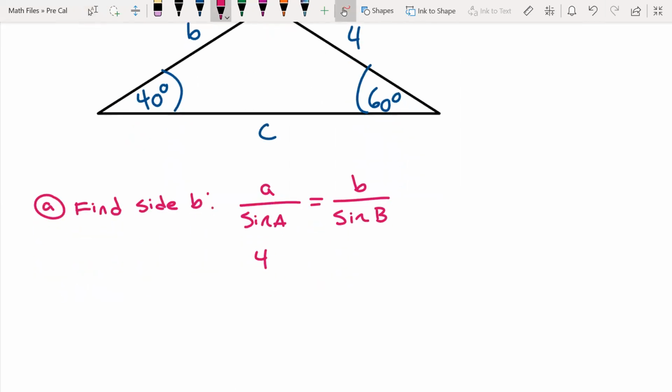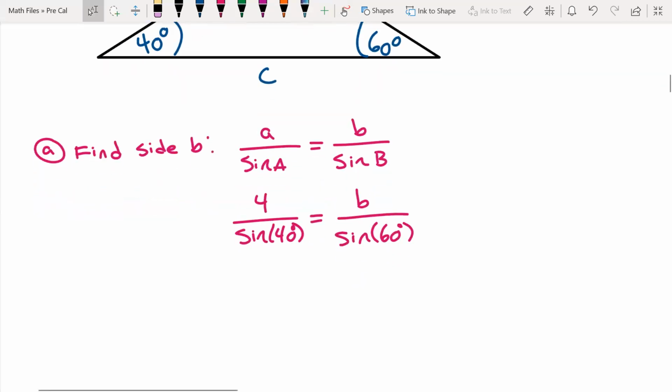Side A is 4, sine of angle A, so you get sine of 40, equal to B over the sine of angle B, which is 60. And yes, that's degrees.